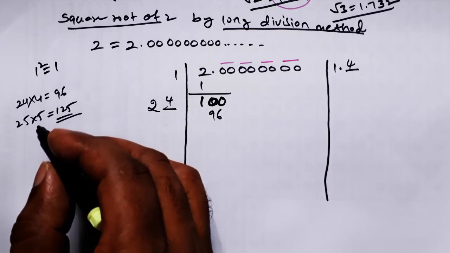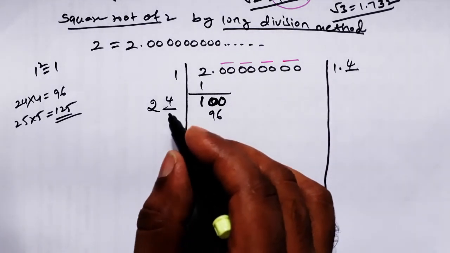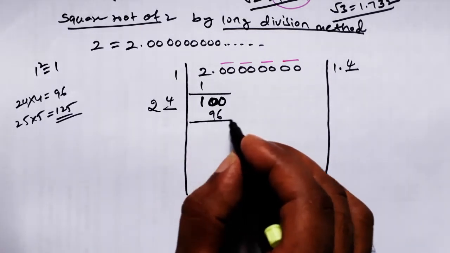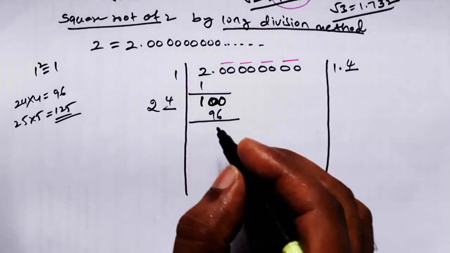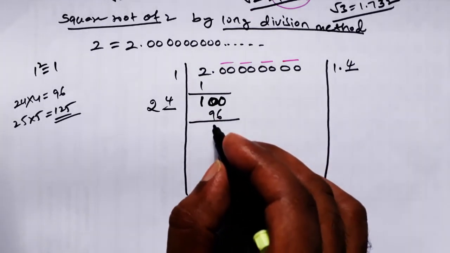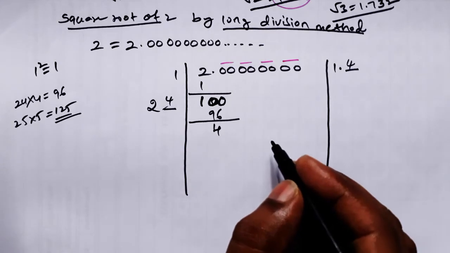The maximum is 4. Then subtract: 100 minus 96 is 4.